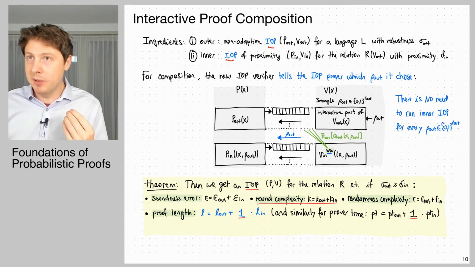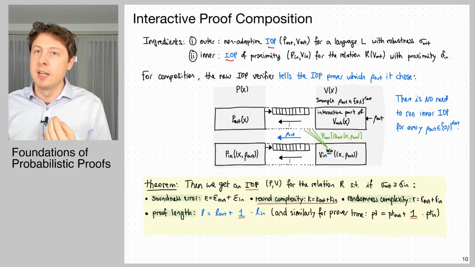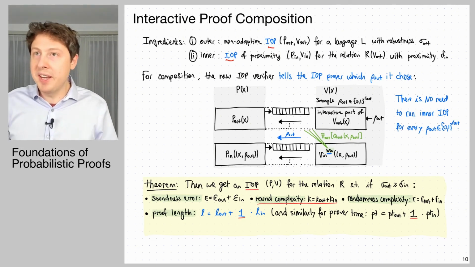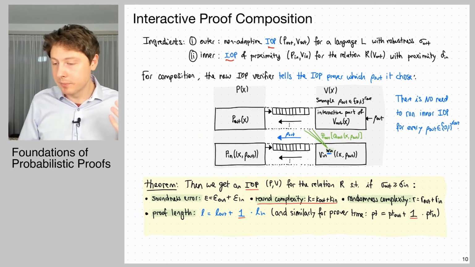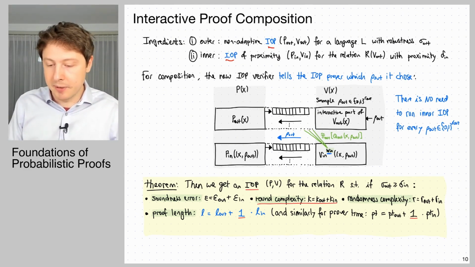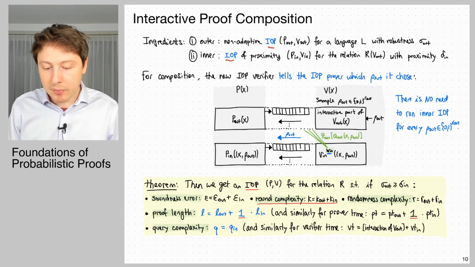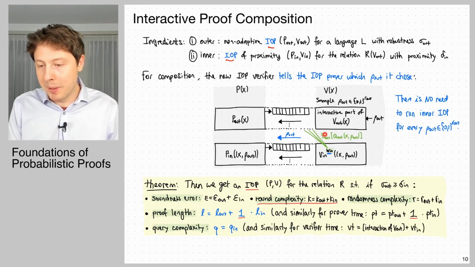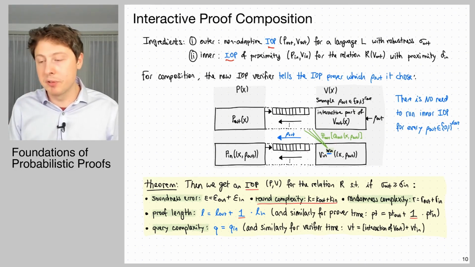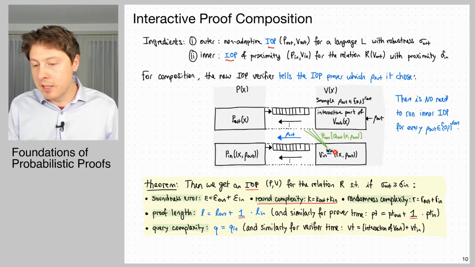Intuitively, by the way, this is one of the key speed ups in a very general sense of IOPs. You can think of many of the things we've done in the past, interactive reductions, as some sort of proof composition. Not exactly precisely, but intuitively that's what's going on. And here, yet again, you see this kind of speed up. The query complexity, we're going to be paying just for the one internally. And the verifier time, well, we do have to spend time to run the interactive part of the outer proof system, and then we're going to run the inner proof system.